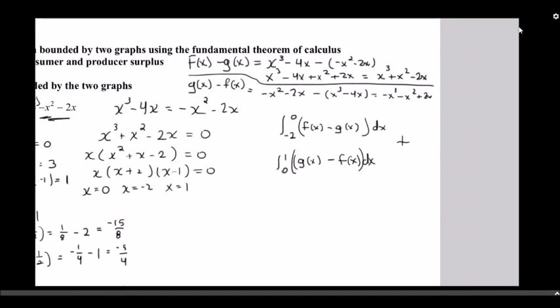This first integral, the integral from negative 2 to 0 of f of x minus g of x, that's this term right here. So that's going to be x to the third plus x squared minus 2x.